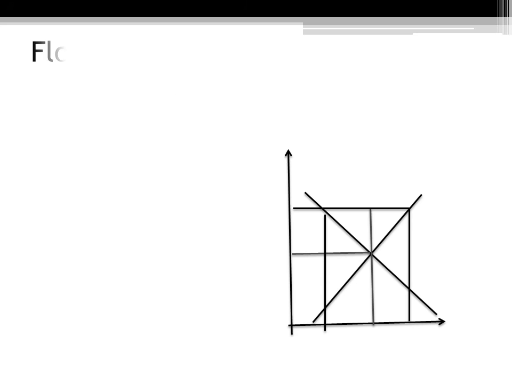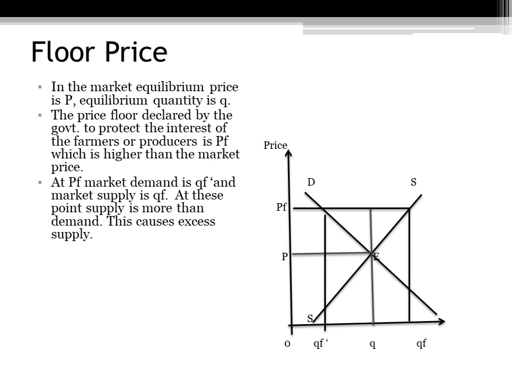The next one is floor price. DD is our demand curve and SS is our supply curve. The intersecting point is called the equilibrium, where price is P and the corresponding quantity is Q. In the market equilibrium, price is P and equilibrium quantity is Q. The price floor declared by the government to protect the interest of farmers or producers is PF.